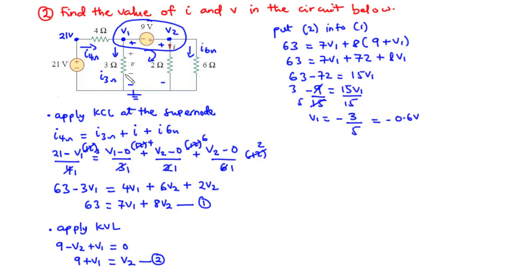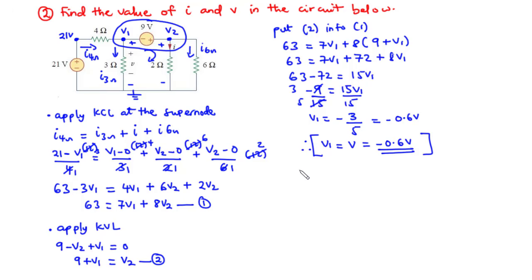Now notice that V1 is the voltage at this non-reference node, and it is the same as the voltage across this 3 ohms. Hence, we say that V1 is equal to V, and that is equal to negative 0.6 volts. Now let's move on as we find the value of the current I. So even before that, let's try to find V2.